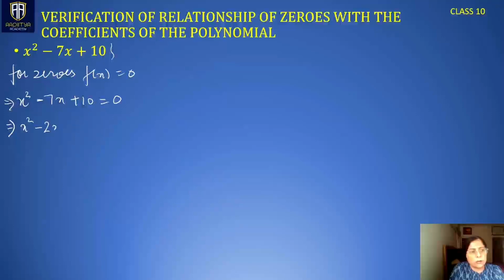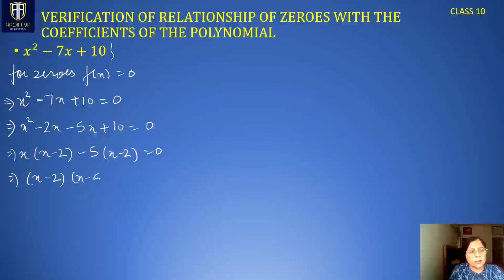We get x squared minus 2x minus 5x plus 10. By this, we take x common. We have x minus 2, here negative 5 and x minus 2. So (x minus 2) into (x minus 5) is the factorization of this polynomial.